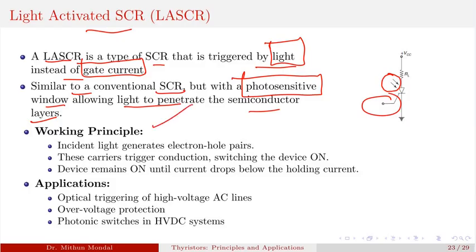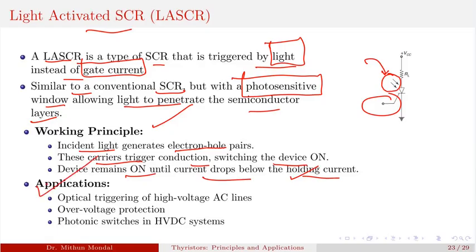So the working principle, we have the incident light, which is generating the electron hole pair, and these carriers trigger conduction, switching the device on. So instead of having the gate current, we are having the light. So the electron hole pair generation takes place and the device turns on until the current drops below the holding current. So this remains the same for all SCR operation.